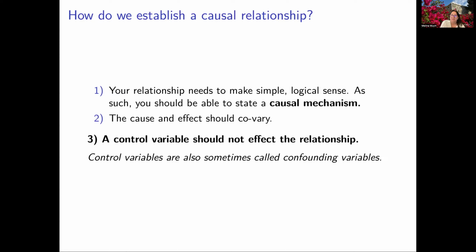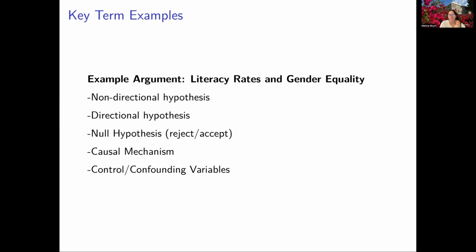But I want you to be thinking about the fact that you need to be able to clearly state a causal mechanism. The cause and effect should co-vary, be related to each other, but they can't have an additional third variable that's actually underlying and driving the relationship. We should be able to hone in away from confounders or control variables.